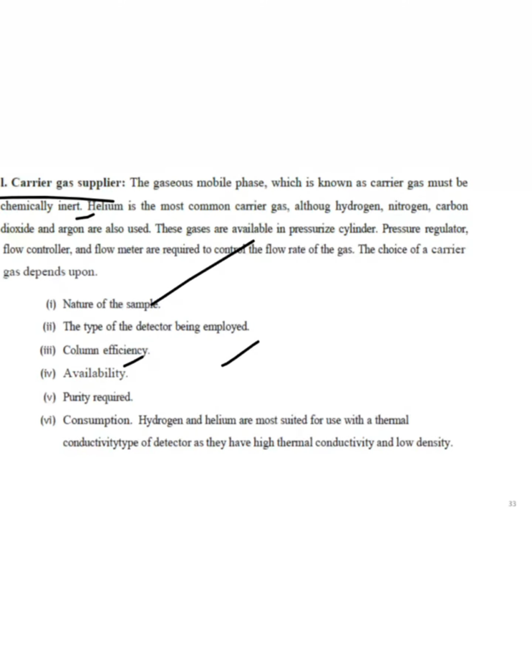It also depends on the efficiency of the column, so that we can choose which carrier gas has to be used here. Purity is also required, and consumption matters. Hydrogen and helium are most suited for use with thermal conductivity. Mainly hydrogen and helium are used as the mobile phase in the gas chromatography technique.